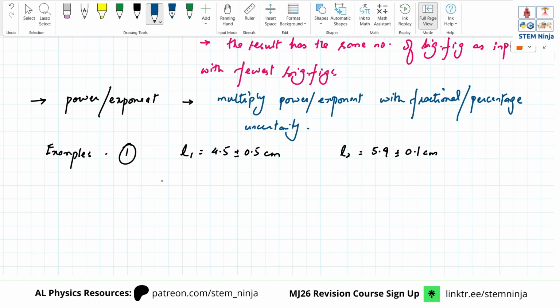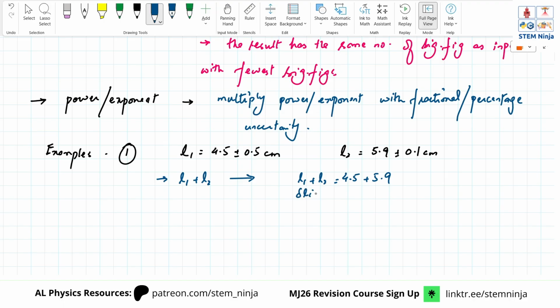Let's take the sum and the difference. So for L1 plus L2, that would be 4.5 plus 5.9.